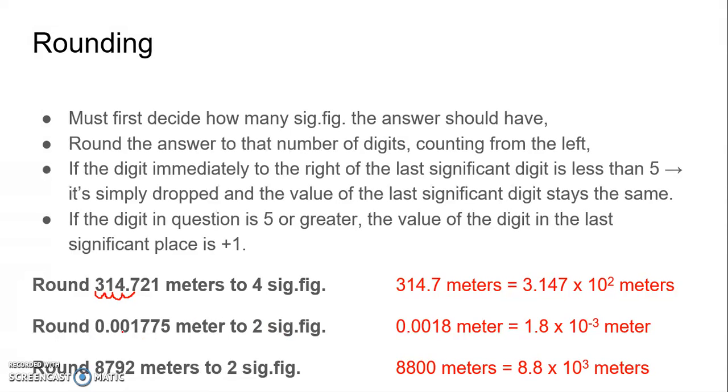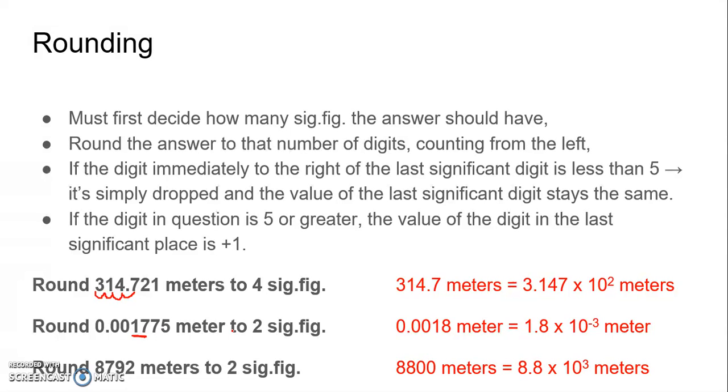The same thing with this number, to be rounded to 2 significant figures. Again, these 2 zeros are placeholders, so they are not significant. We would end with 1, 2, 1, 7 here. We look immediately at the number right after it, which is 7, and 7 is greater than 5, so you would round this number up by 1.